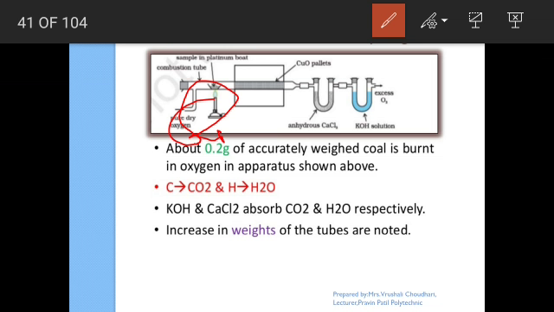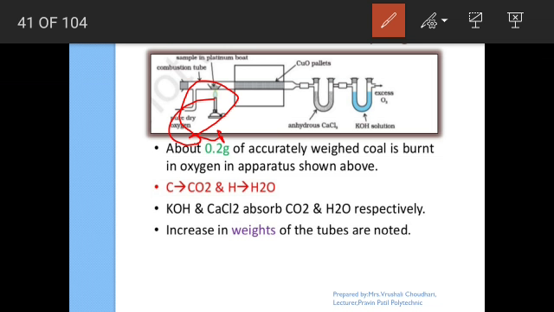So what will happen? They get absorbed. As the gases get absorbed on the anhydrous calcium chloride and the KOH solution, that is represented as the amount of carbon dioxide produced and H2O produced respectively.